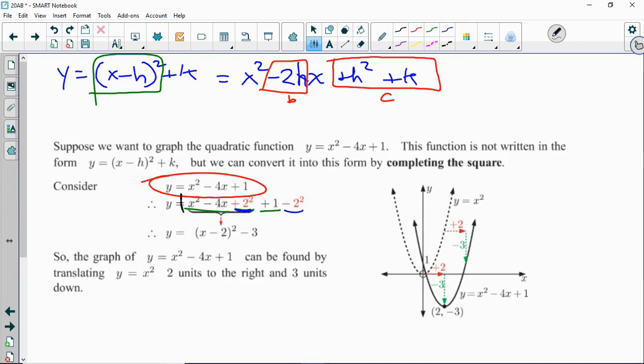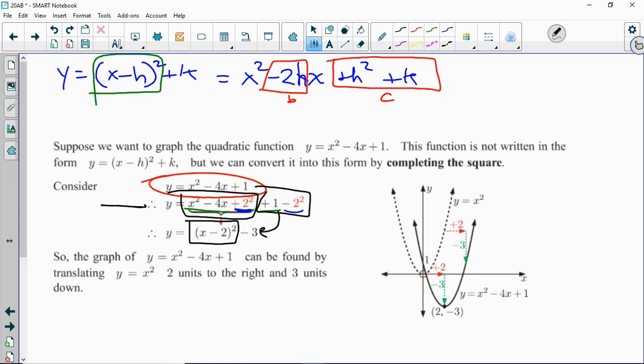Now, this whole thing here is a perfect square trinomial, x squared minus 4x plus 4. That's the same thing as (x minus 2) squared. And then the 1 minus 4 gives us minus 3. So then we've converted from standard to vertex.